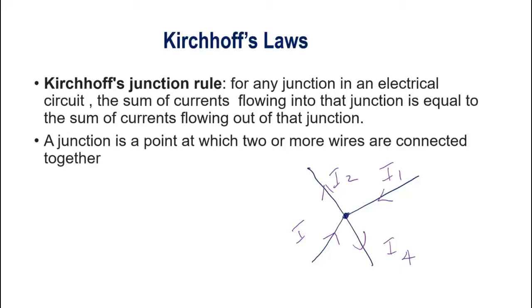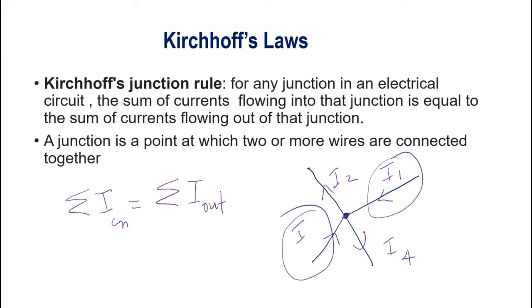Just an example. So what does the junction rule say? The sum of the current that goes in equals the sum of the current that goes out. So do we see which ones go in and which go out? This one and this one are going in.